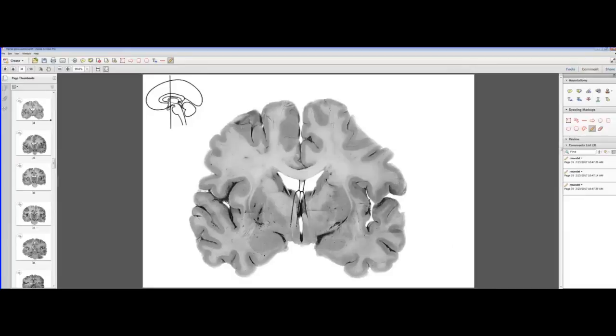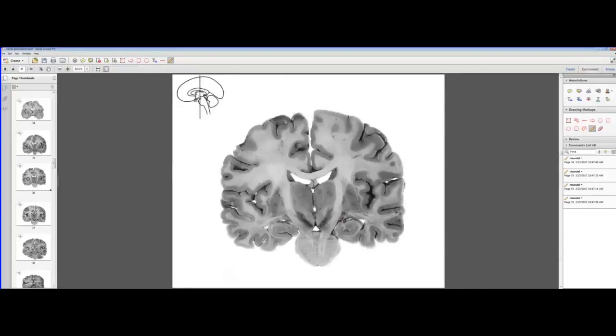Let's go back one more. So the optic tract, you can't really see. It's probably this guy right here. So we see it wrapping around. This is the optic tract, and it's going to end in the lateral geniculate.